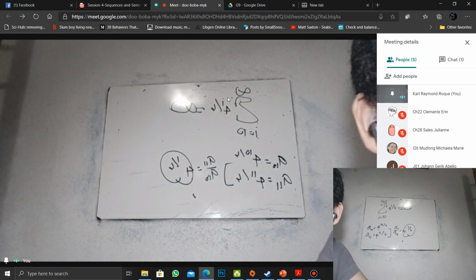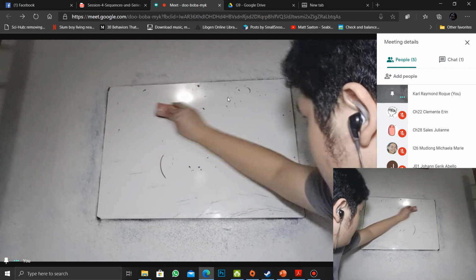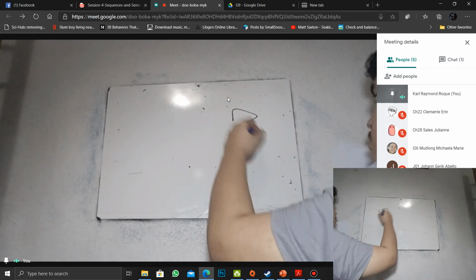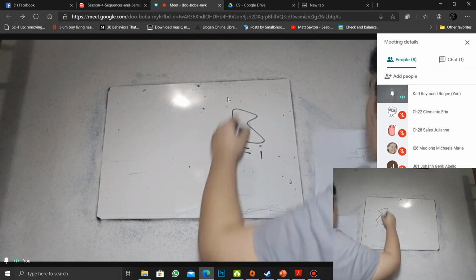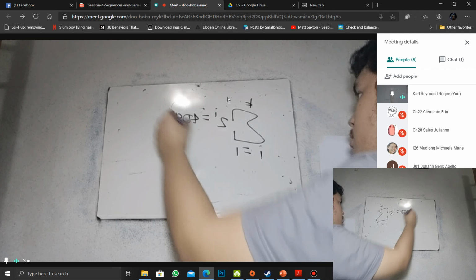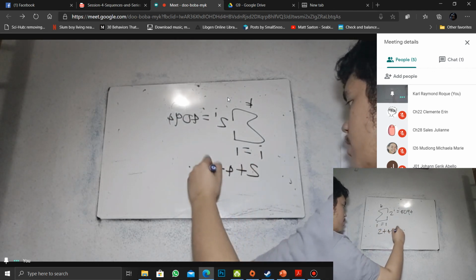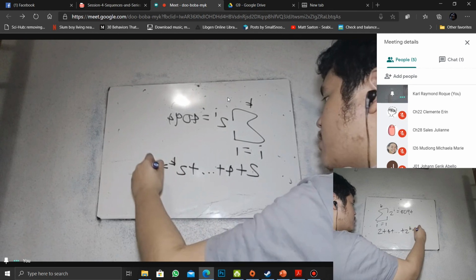Letter E, summation. Okay. 2 to the i equals 4,094. So, kinukuha natin yung sum of geometric sequence such that 4,094 ang sagot.